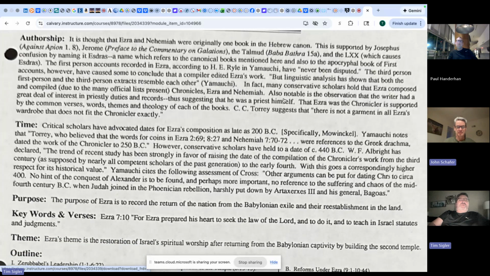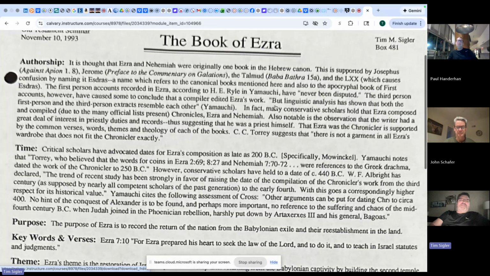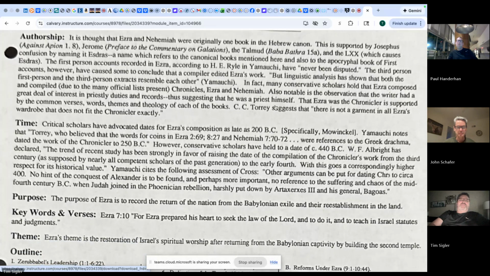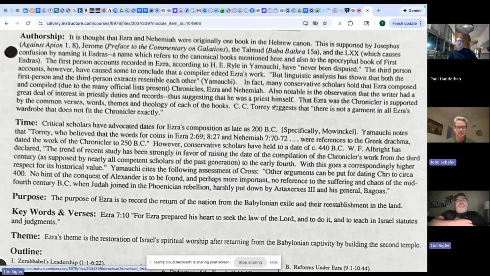So a little bit of background here. In terms of authorship, we've looked at a handout like this that I've shared with you, updated versions of these on each of the books of the Pentateuch, the books of the Torah. But now we're at a whole different period of history and lots of different stages of critical attacks against the historical reliability of the Bible, not looking at the JEDP theory for the Pentateuch, but in somewhat that same critical mentality, not taking the Bible at face value.